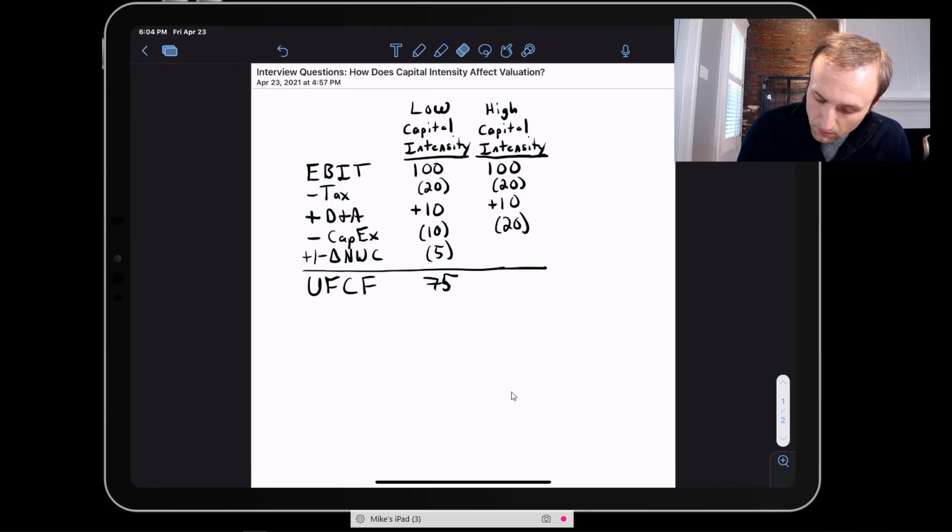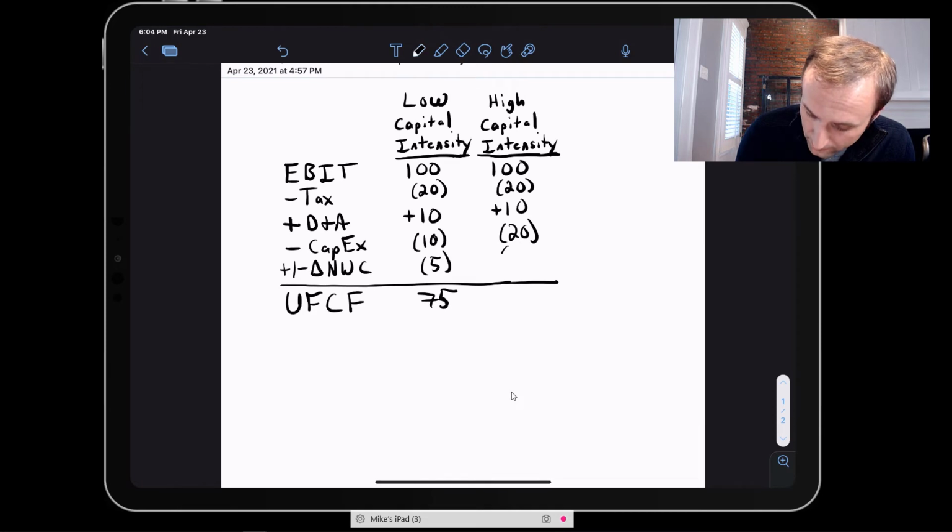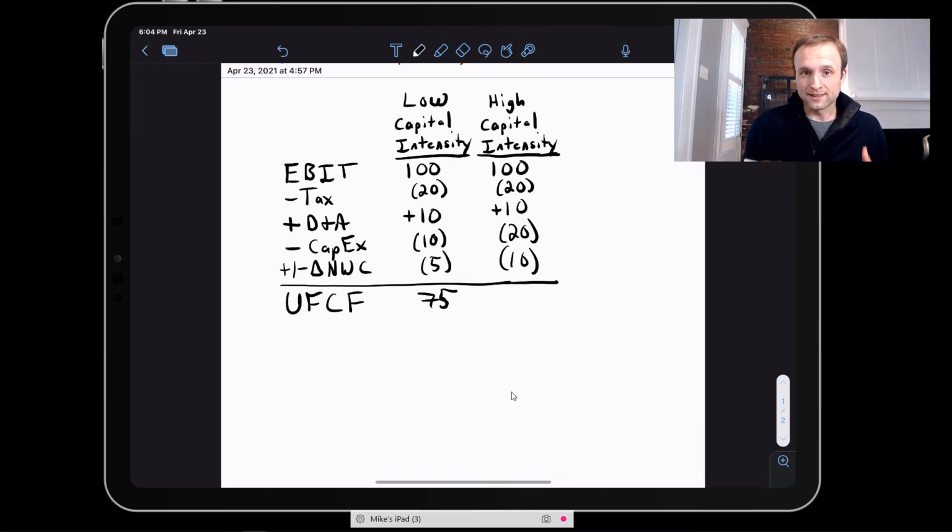So we're going to have $10 of reinvestment related to working capital. So in the second example, what we have here is $30 of outflows, or capital intensity, so to speak, versus 15 that we had before. So in the second example, we're only going to have $60 of cash flow.